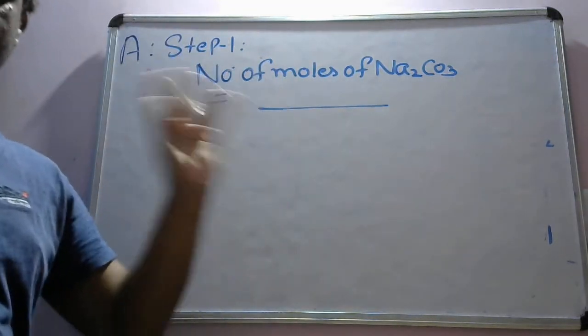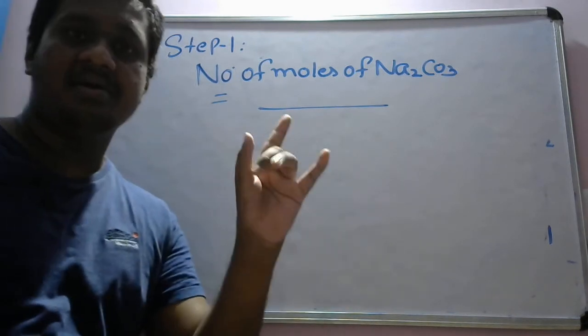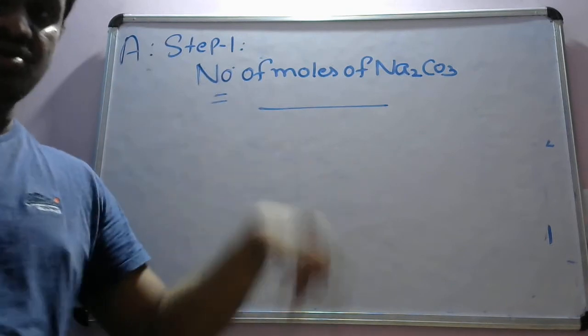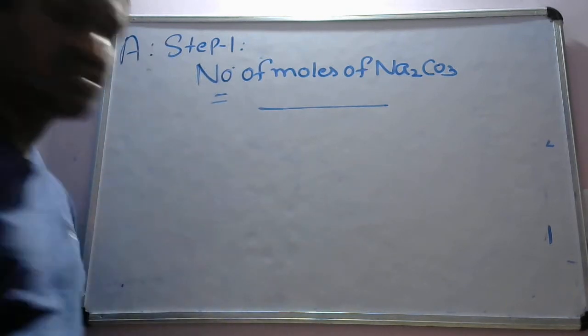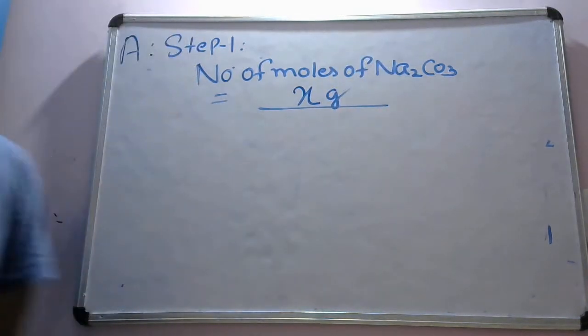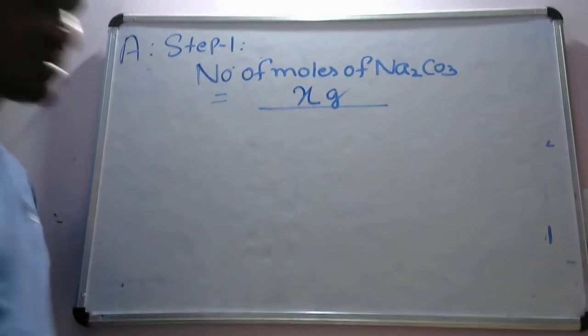Numerator will be the given mass of Na2CO3, which is the mass we have taken in terms of x. So the mass of Na2CO3 we have assumed is x grams. The molar mass of Na2CO3 we just wrote in the previous discussion, that is 106 grams per mole.